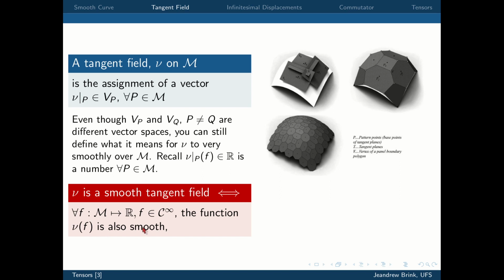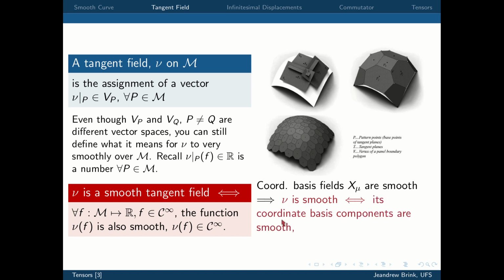Then you have a smooth tangent field. What that means is that suppose you have your vector and you have your coordinate basis fields and they are smooth, in other words, derivatives on your vector of functions on R^n are smooth. Then V is smooth is the same as saying its components on the coordinate basis are smooth.